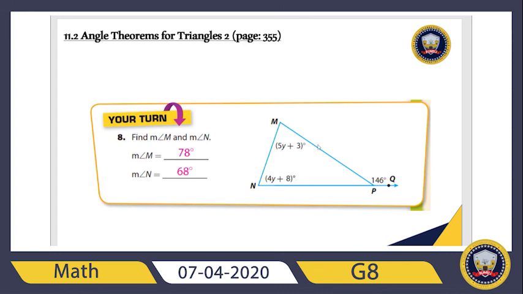So my equation will be 5y plus 3 plus 4y plus 8 equals 146. You solve the equation, you find the value for y, then you plug it back here and you will find the angle M. You plug it back here and you find the angle N, that is 68 degrees.